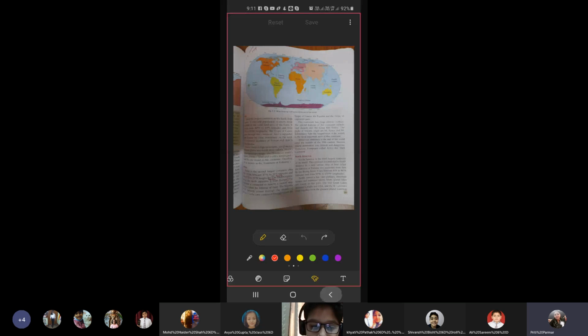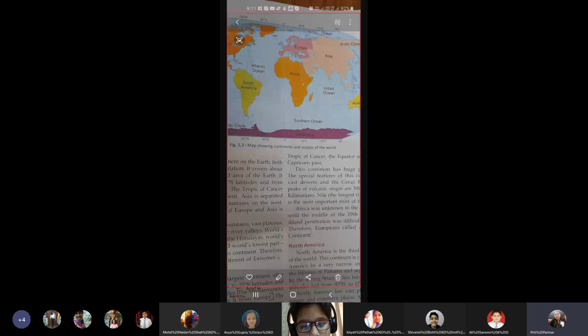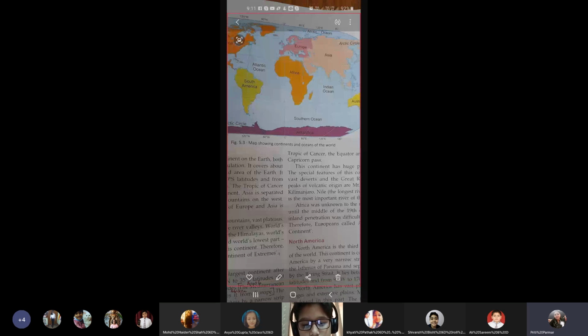Then they talked of the largest continent being Asia and the smallest being Australia. They also talked of certain important features of the Asia continent. They said it's a continent of extremes. Now, why was it called a continent of extremes?